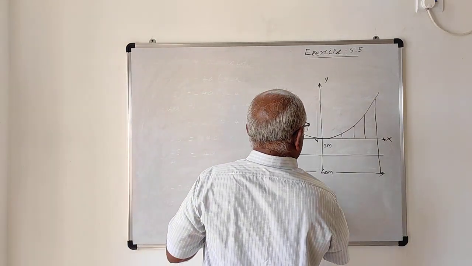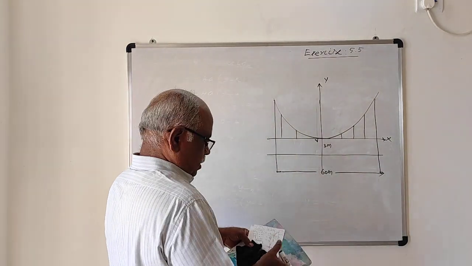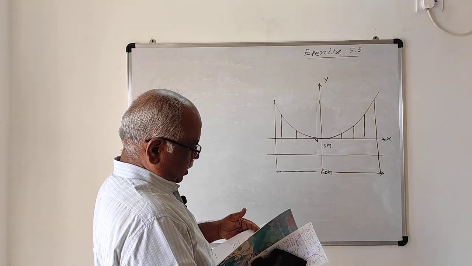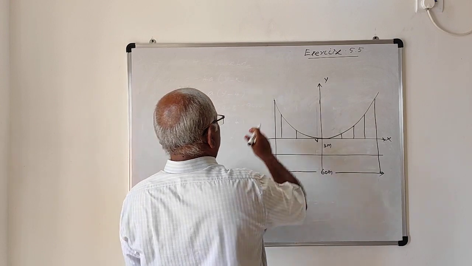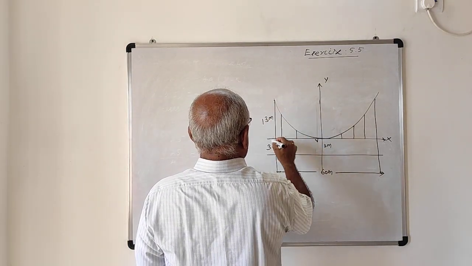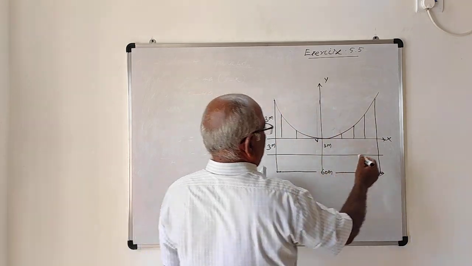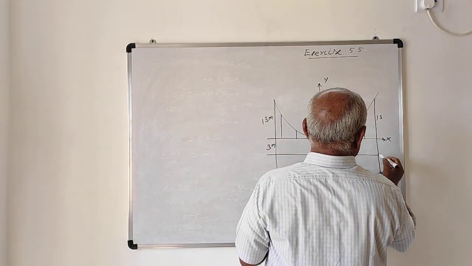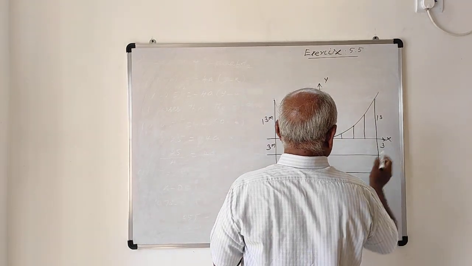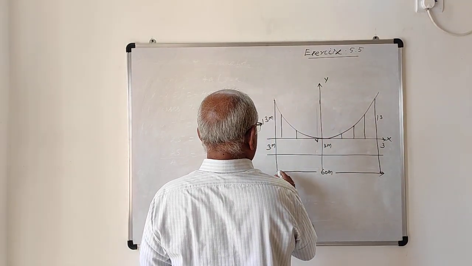So the total width of the road bed is 60 meter, and also what is given. This is a 16 meter height pole. This is 6 meter, this is 13 plus 3, totally 16 meter. The extreme pole is 13 meter.